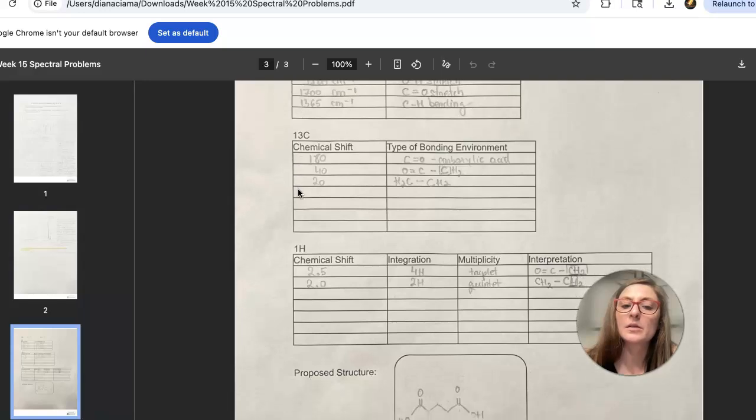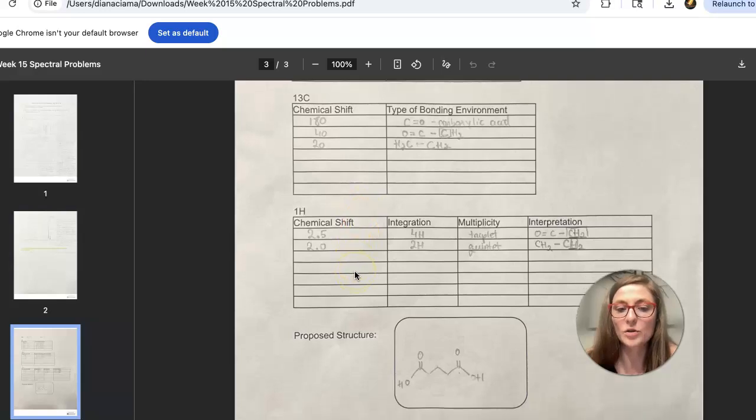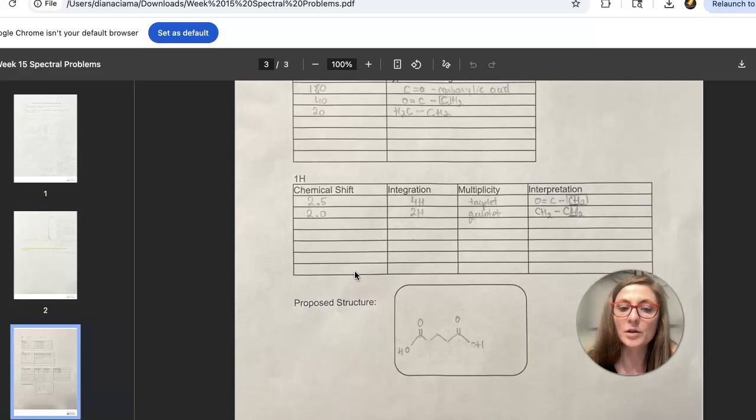The carbon-13 is demonstrating peaks at 180 ppm, carboxylic acid, and then 40 ppm, the CH2 connected to the carboxylic acid, and then 20 ppm of the sp3 hybridized CH2 connected to other sp3 hybridized CH2s. The chemical shifts shown in the hydrogen spectrum were also discussed above.